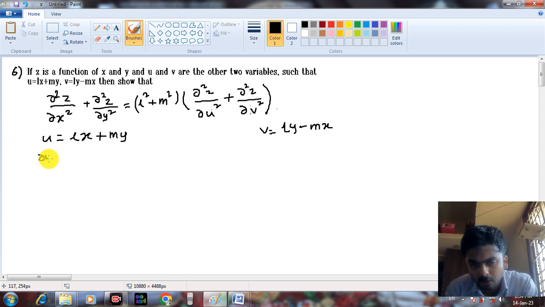Okay, so we can find ∂u/∂x, that is equal to l.